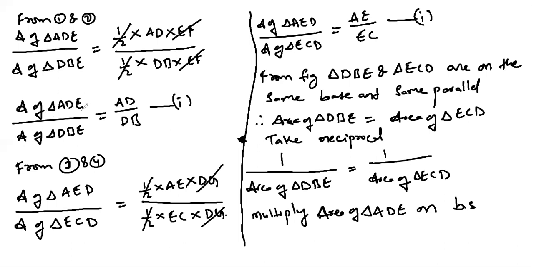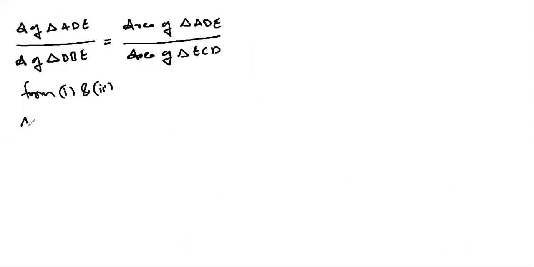From 1, area of triangle ADE by DBE is AD by DB. This one is AE by EC. So what are you getting? AD divided by DB is equal to AE divided by EC.